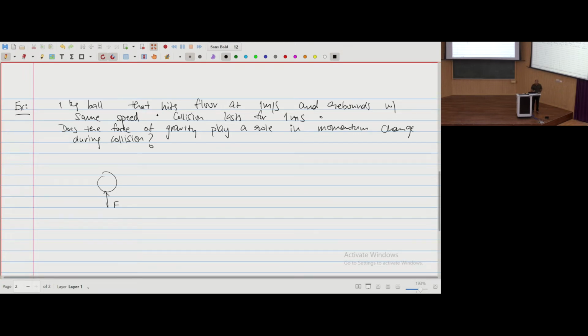We'll call it the normal reaction from the ground. Can we please calculate the impulse because of the two forces? You can assume that the normal reaction is uniform during collision, the same value during impact, for the complete duration of impact of 1 millisecond.